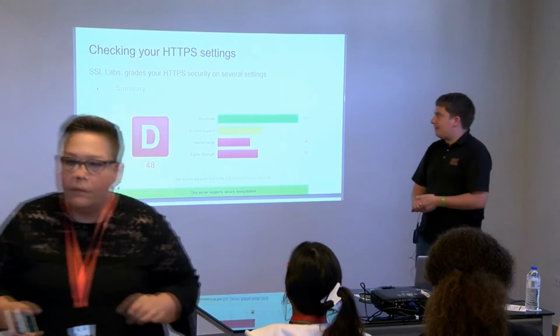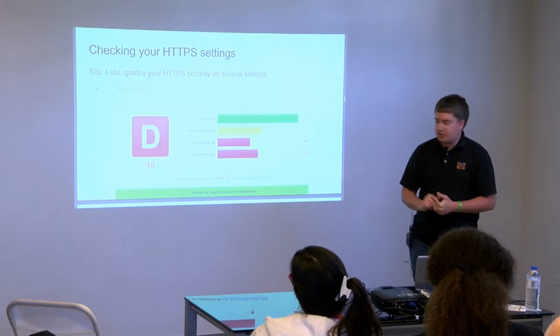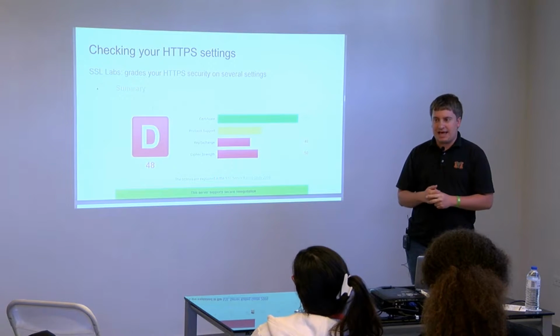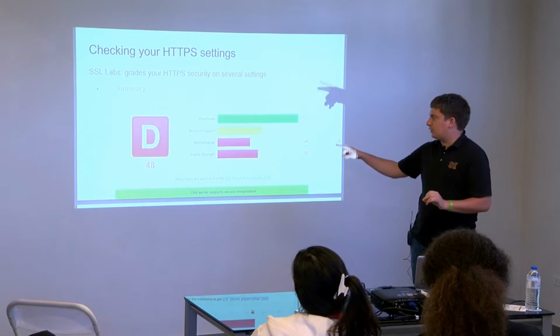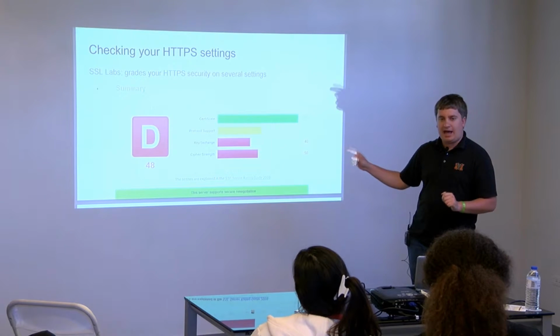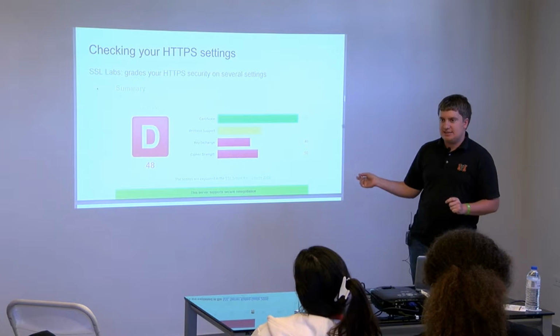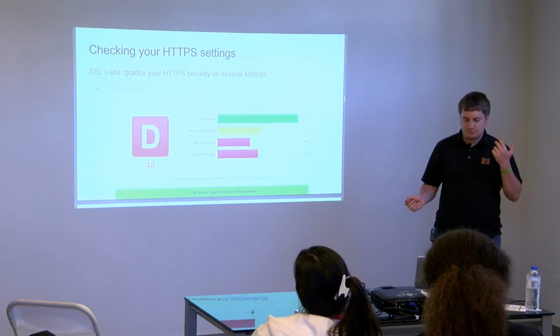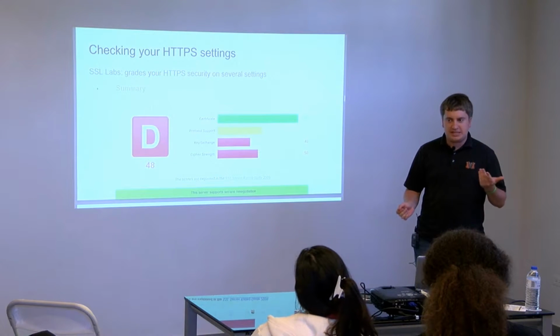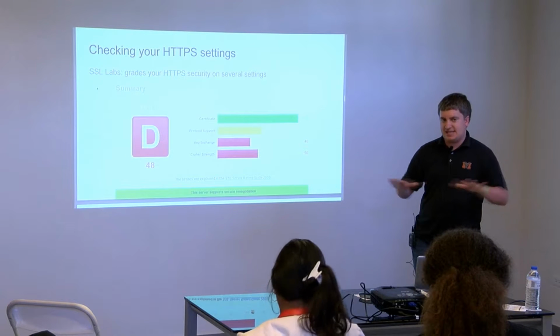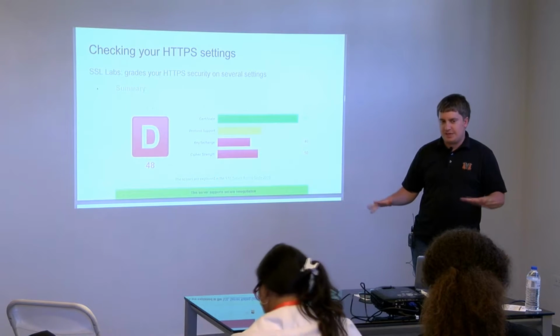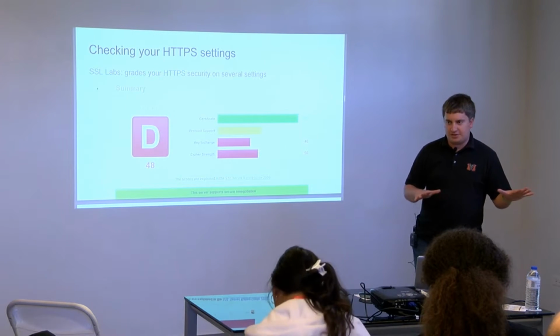If you already have HTTPS somewhere, there's this really cool website, SSL Labs, where you can put in any URL, and it'll give you a letter grade. It'll tell you how good your HTTPS is. Like we talked about earlier, there are some newer features, like forward security, changing keys. So not all HTTPS is equal, right? There are new features being created and deprecated all the time.